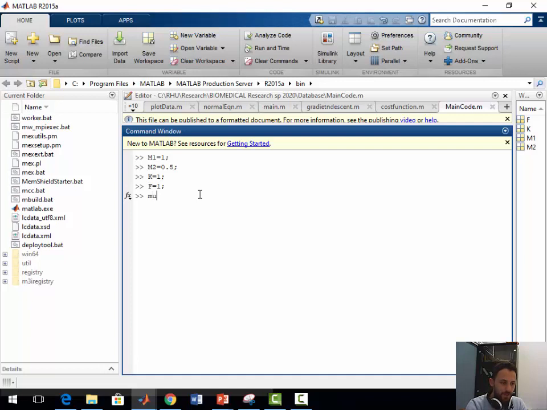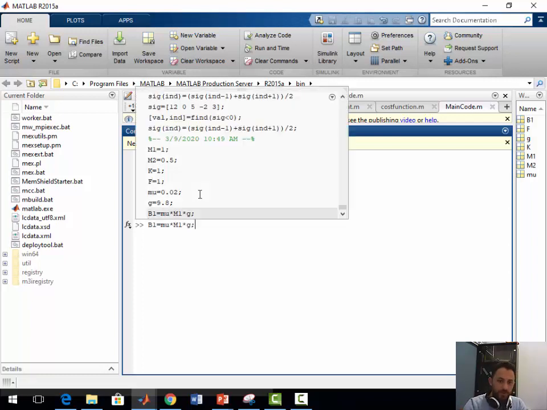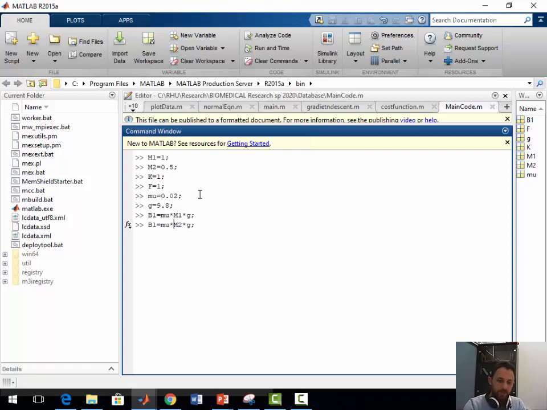Mu is equal to 0.02, and gravity is equal to 9.8. Then B1 is equal to mu multiplied by M1 times gravity. B2 is mass 2 multiplied by gravity and mu.